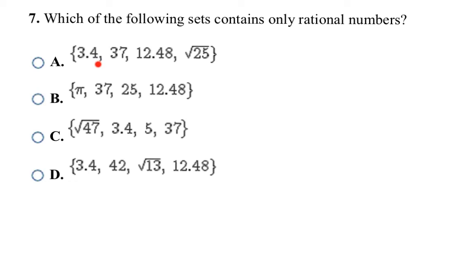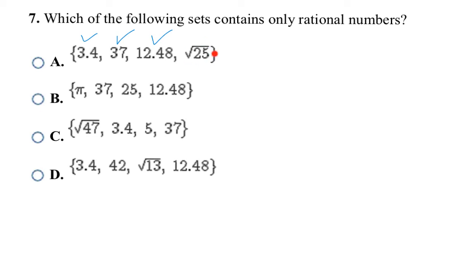There's only one number after the decimal point. So that is a rational number, so that one is good. And then 37 is a whole number. That's a number that ends. So 37 is a rational number. 12.48, that's a decimal that ends. It only has two numbers after the decimal, so that one's good to go.